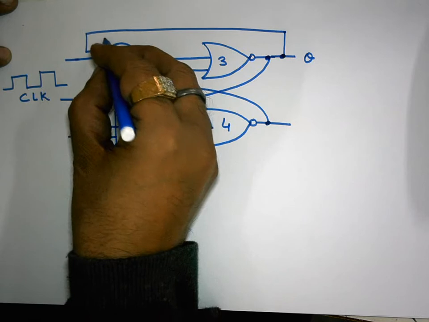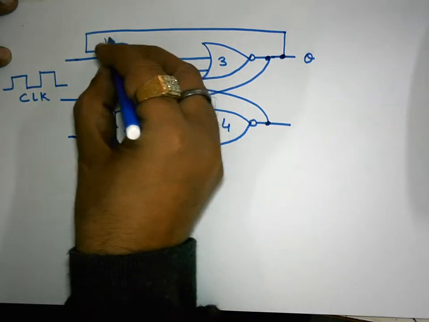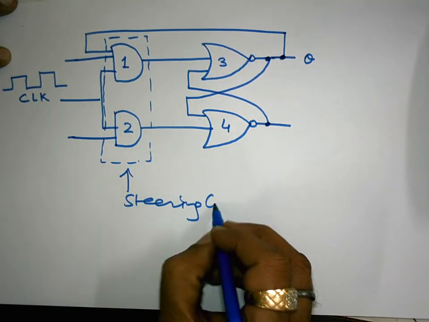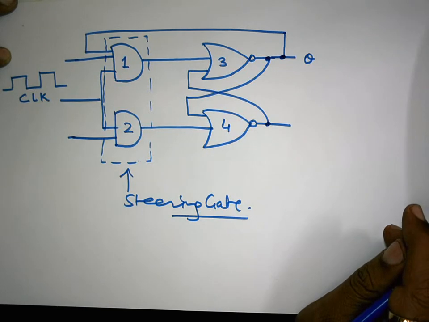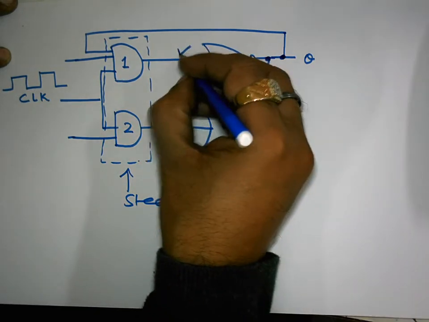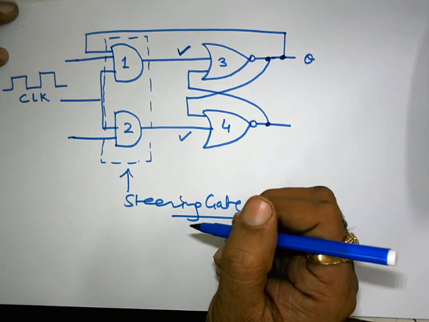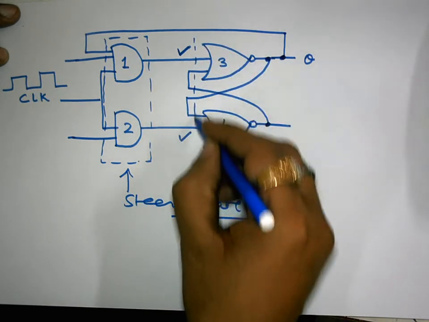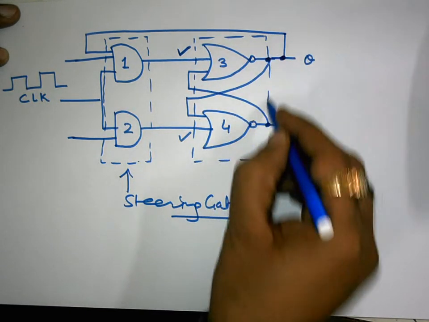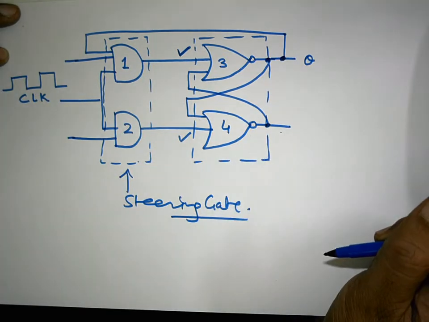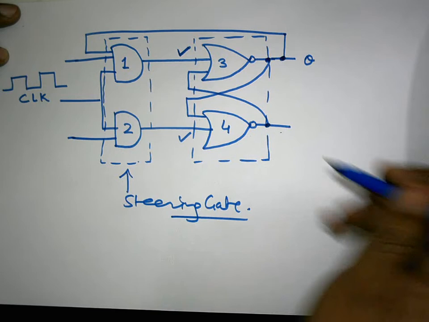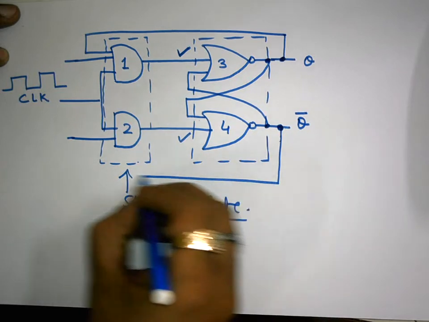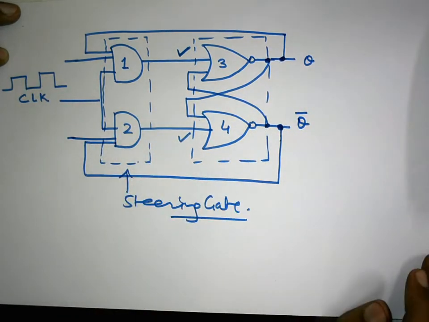Gates number 1 and 2 are simply called steering gates. They are simply producing input conditions for this latch, which I am saying is the soul of the circuit. And this output, say Q bar, is connected to one of the inputs of gate number 2.